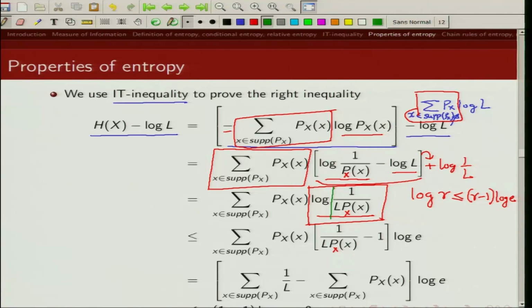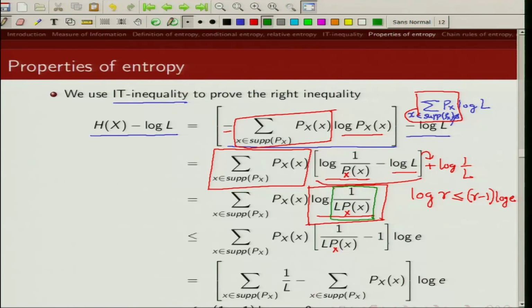This is my r here, right? So I can then write log of r as r minus 1 times log of e. So this can be written as r minus 1 log of e.